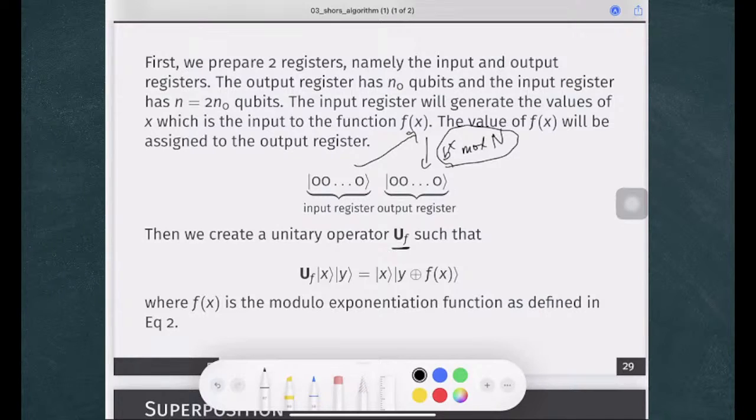It gives a result where the value of x is not modified, but the output register is modified. The output register is whatever the value of y is, XORed with the value of f of x, where f of x is the modulo function. This kind of computing setup is also known as reversible computing.